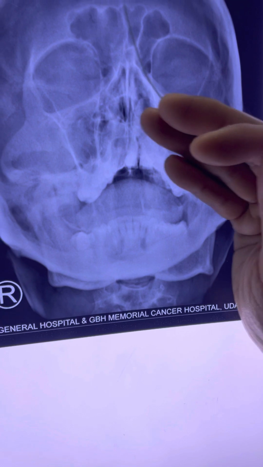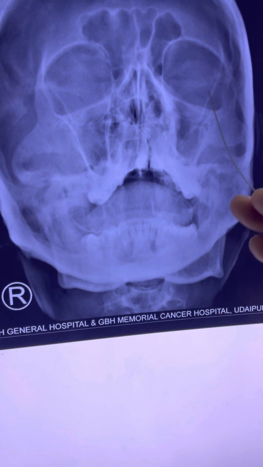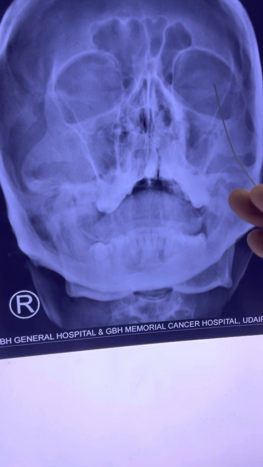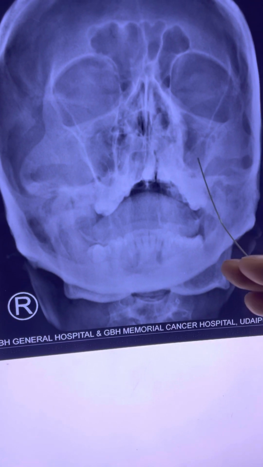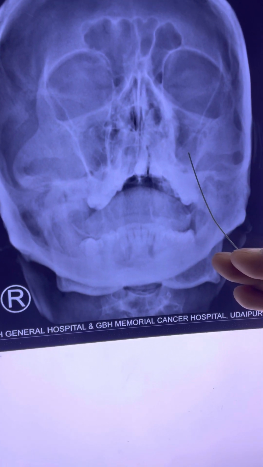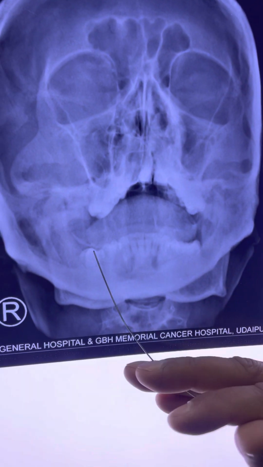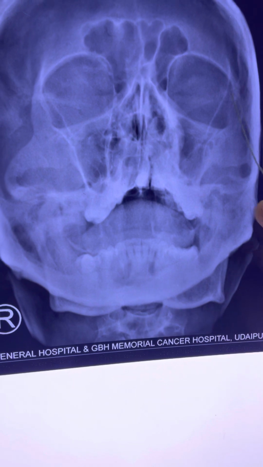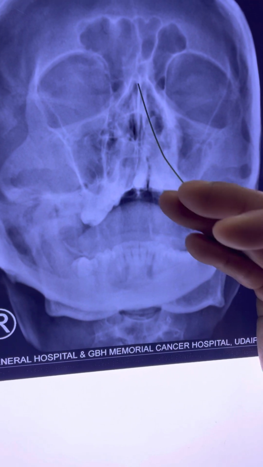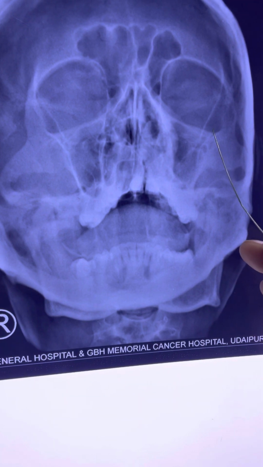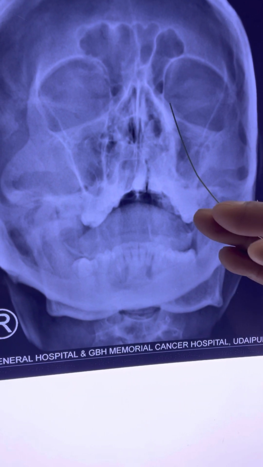So wherever you can see air, it will appear black to us. Whereas soft tissue or inflammation, edema, these kind of things will appear hazy. And any solid mass, malignancy or bones will appear more radio-opaque or white. So the septum, the bones, the margins, the teeth or any solid mass will appear white in the X-ray.